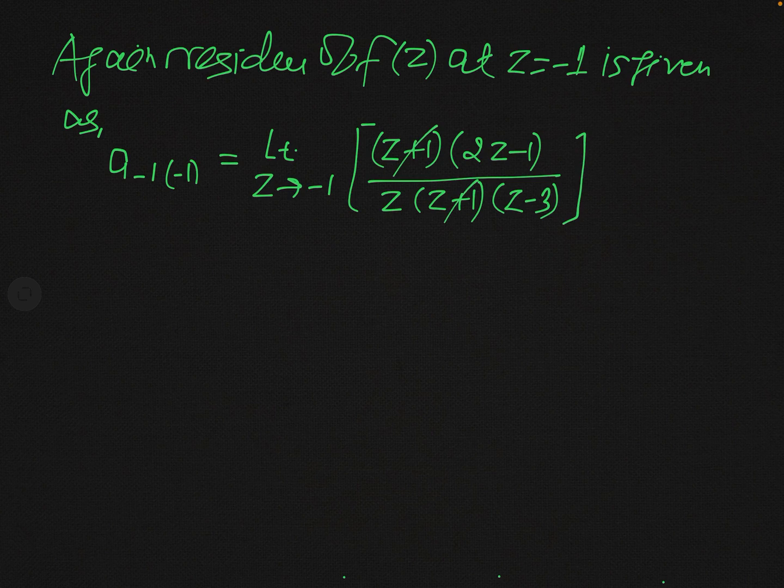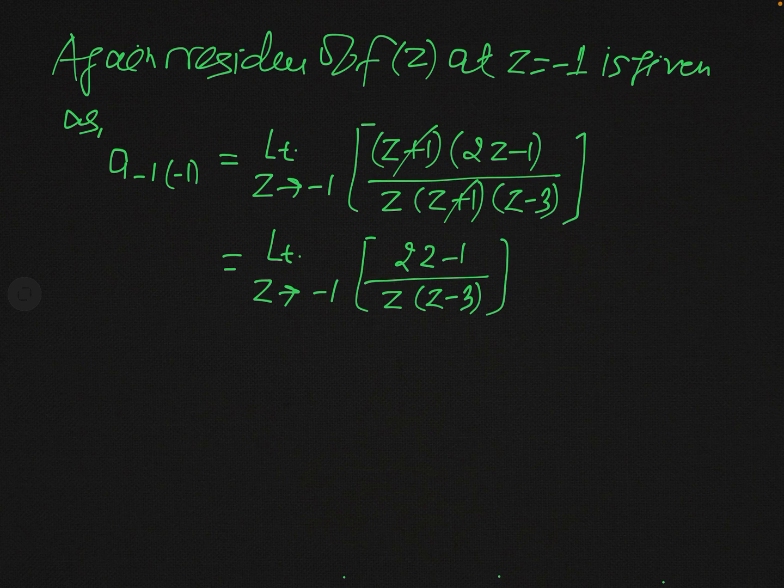Here you can see this z plus 1 will cancel out, and our result is the limit z tending towards -1 of (2z minus 1) over z into (z minus 3).